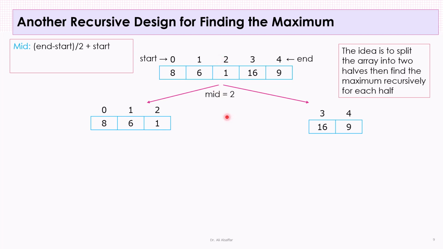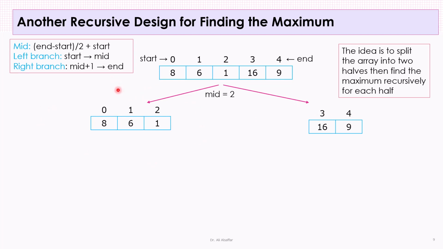So visually, the first half goes from 0 up to mid, which is 2, and the other half starts from mid plus 1, which is 3, up to end, which is 4. So the range for the first half is from start to mid, and the range for the second half is from mid plus 1 up to end.